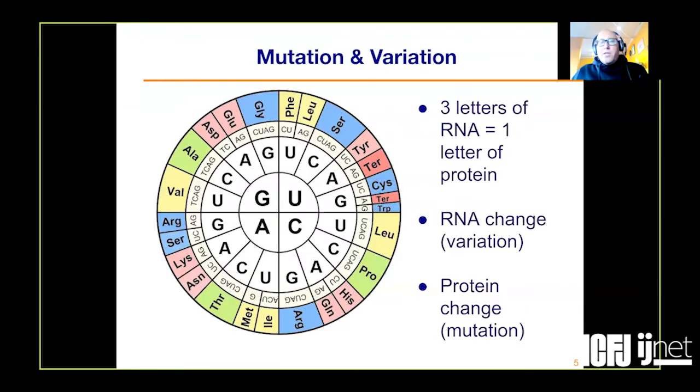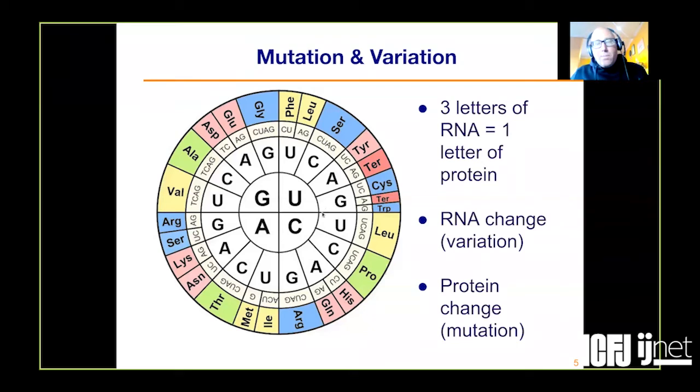When we're reading the genome, we get it as all these letters of RNA, and three of these letters make up one letter of protein, a so-called amino acid. But there can be changes. As the virus is making copies of itself, you can think of it as working like a photocopier, but photocopiers get specks of dust and things like that, and you see some changes happening.